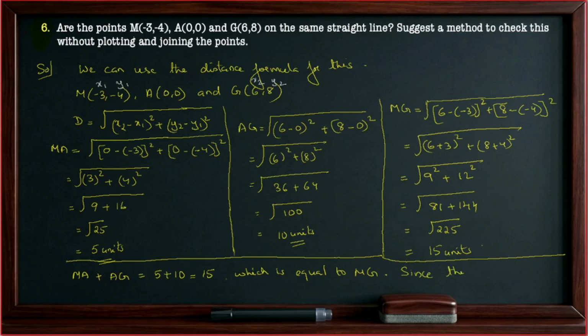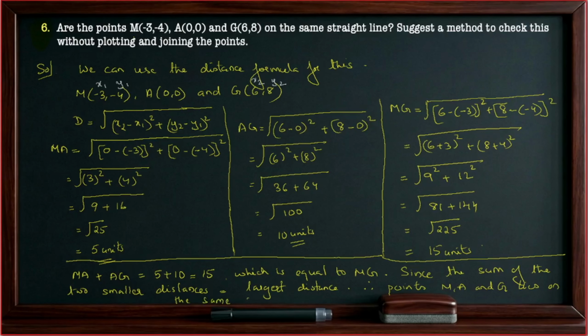Since the sum of the two smaller distances is equal to the largest distance, therefore points M, A and G lie on the same straight line. So what did we do in this question? We used the distance formula, and here we proved that the points M, A, G lie on the same straight line. I hope you understood. Now let us move on to the next question.